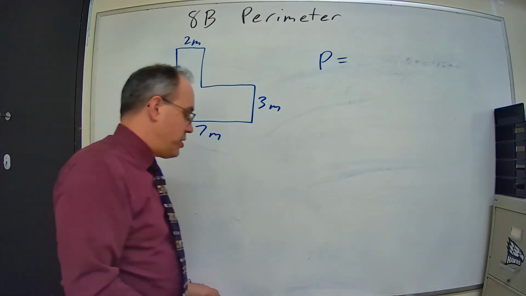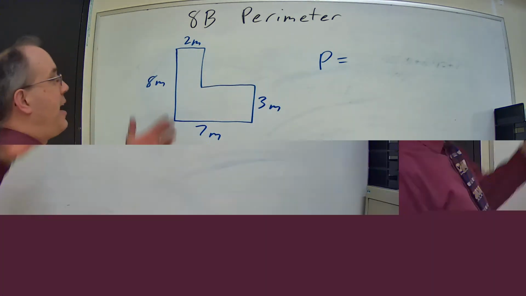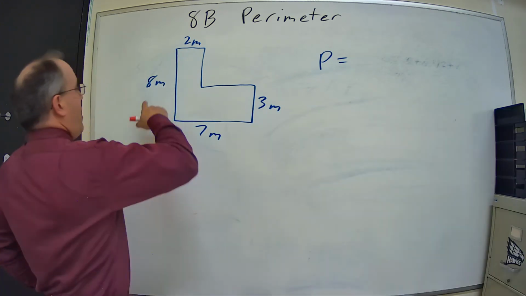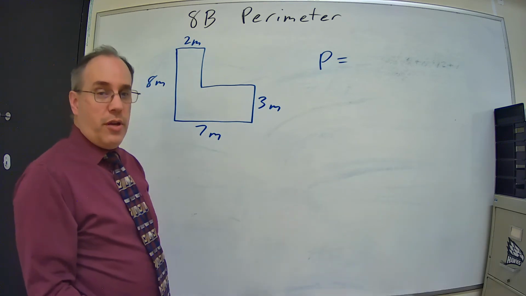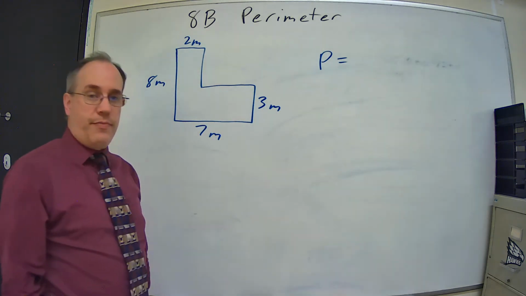Okay, I'm going to switch to a different color just so it's obvious what we were given and where we're going with it. So I have these measurements, but if I want to find the perimeter, I also need the length of those two sides.